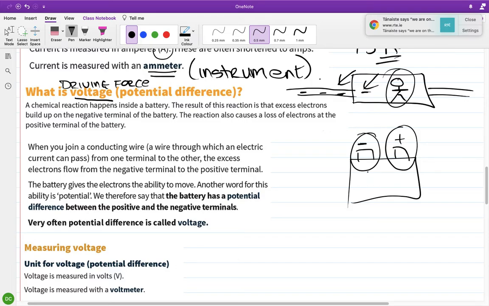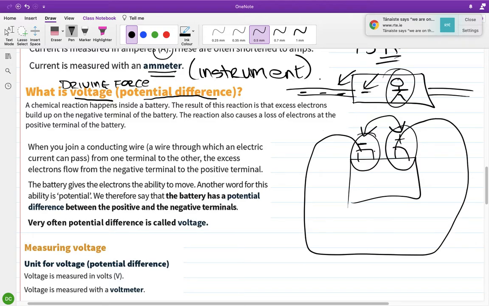So you have a difference between these two. That's where this comes from, a potential difference. If you then attach these up to a wire, any electrons in the wire are going to be repelled from the negative terminal, and they're going to move themselves around and be attracted by the positive terminal.